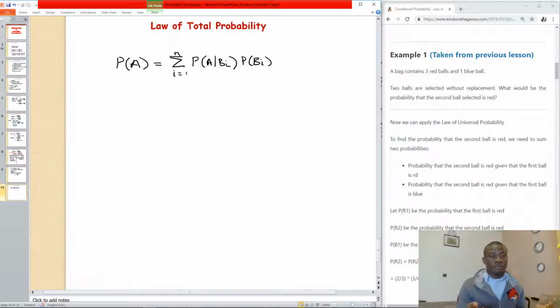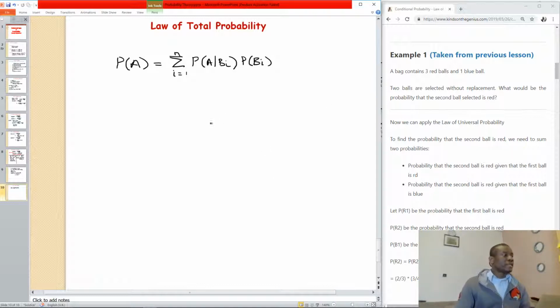So you see how it plays out. In the first instance, it could be that the first ball is red. It can also be that the first ball is blue. So we need to sum the probability that the second ball is red given that the first ball is red, and the probability that the second ball is red given that the first ball is blue.